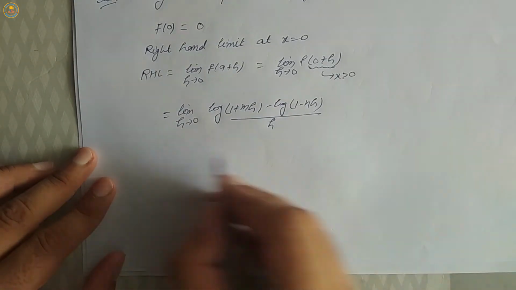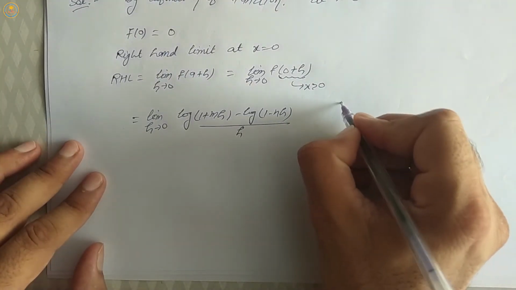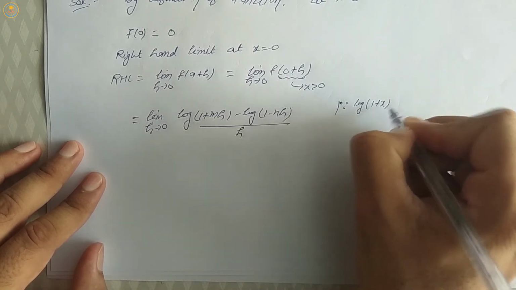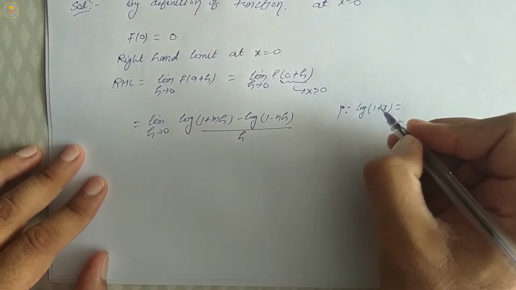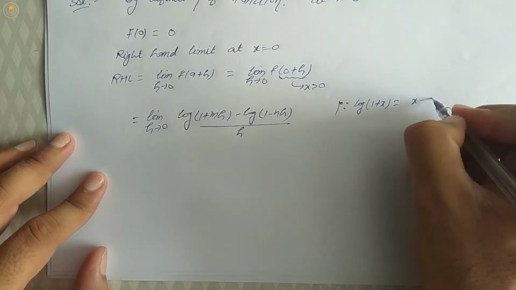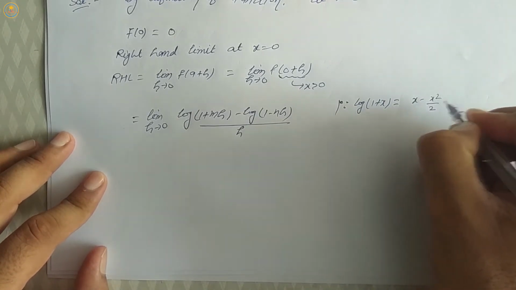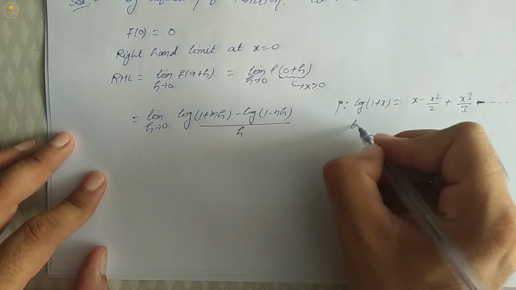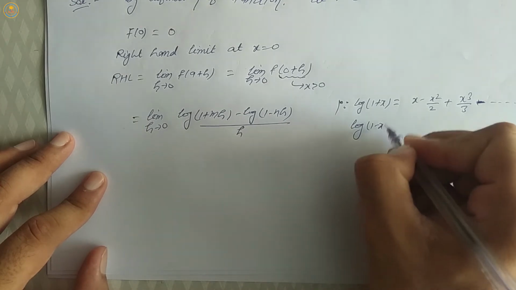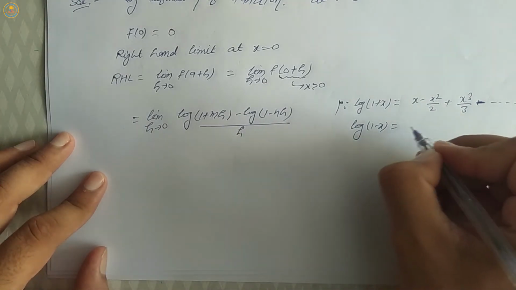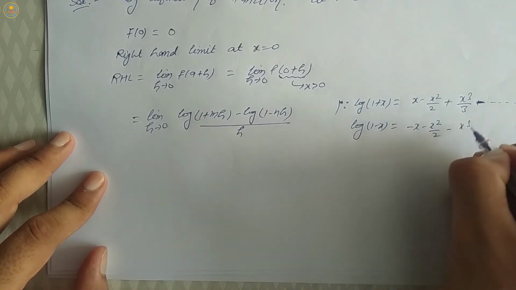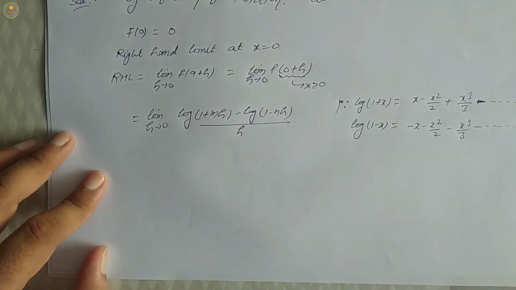Apply the formula: log(1 plus x) is equal to x minus x square by 2 plus x cube by 3 minus and so on, and log(1 minus x) is equal to minus x minus x square by 2 minus x cube by 3 minus and so on.